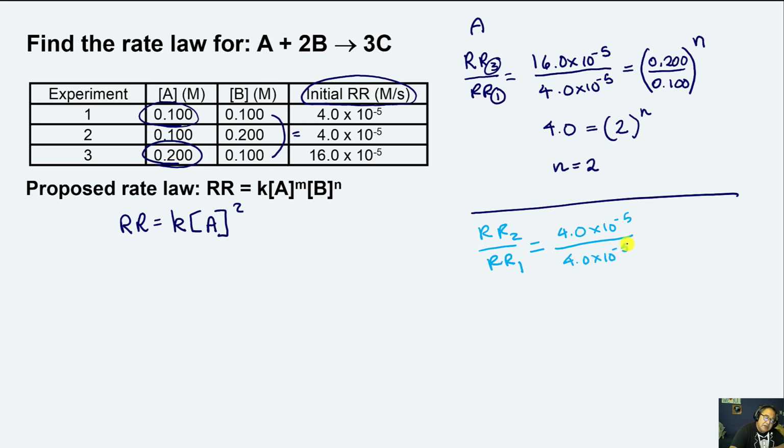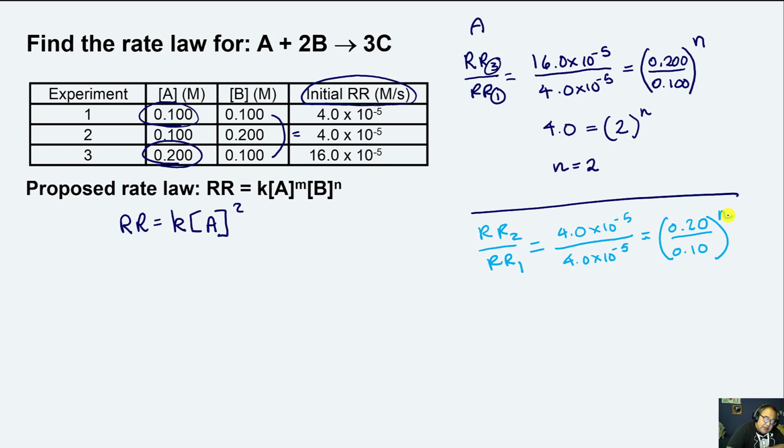By the way, I didn't write units here because they cancel out. So that's going to equal 1, but this is also equal to this. And then I'll show you how I get this. So B is 0.2 for experiment 2 and 0.10 for experiment 1, and that's to the nth power.